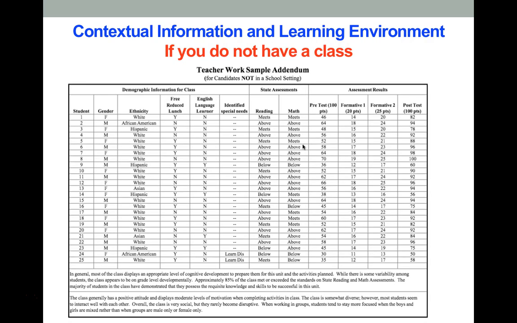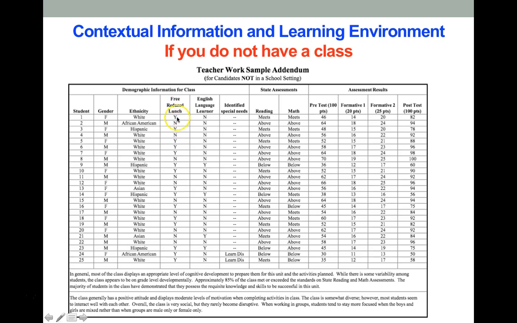When it comes to your classroom, we give you a fake classroom of 25 students. As you can see, we've given you the gender of each of your students, what the ethnicity of each of them is, and if they are low SES. And low SES in most cases is defined by whether or not they're on free and reduced lunch.